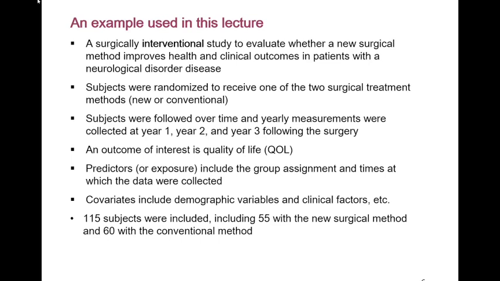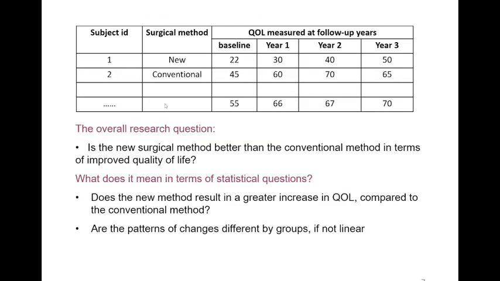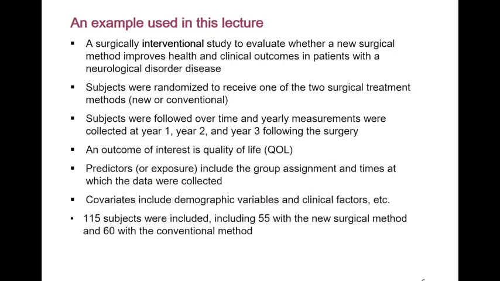So let's consider a surgical interventional study to evaluate whether a new surgical method improves health and clinical outcomes in patients with a neurological disorder. The subjects were randomized to receive one of the two surgical treatment methods.